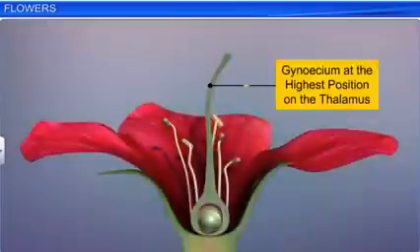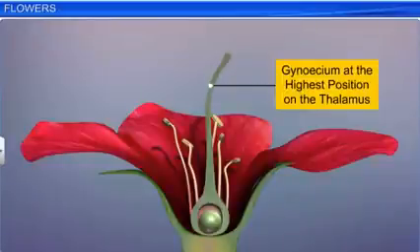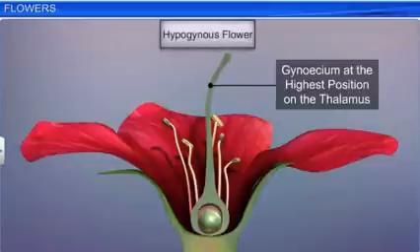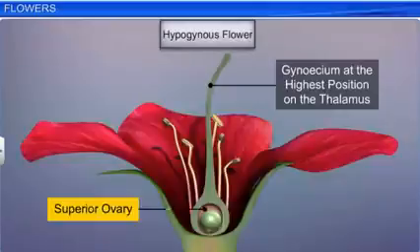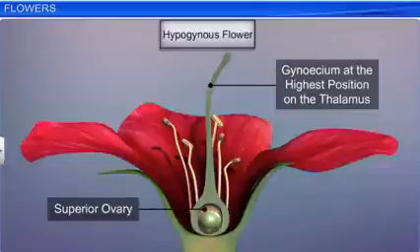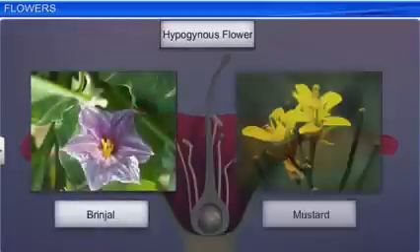When the gynoecium is at the highest position on the thalamus with respect to the calyx, corolla, and the androecium, the flower is said to be a hypogynous flower. Such flowers are said to have a superior ovary. Common examples are brinjal and mustard.